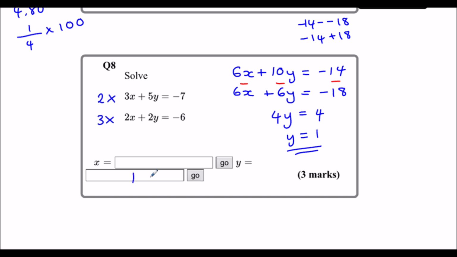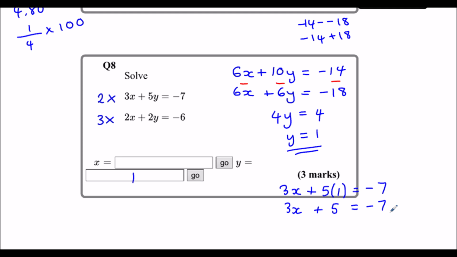And I'm going to use the fact y is 1 to work out x. I'm going to substitute it back in. So 3x into the top line plus 5 times y, 5 times 1 equals -7. So 3x + 5 = -7.